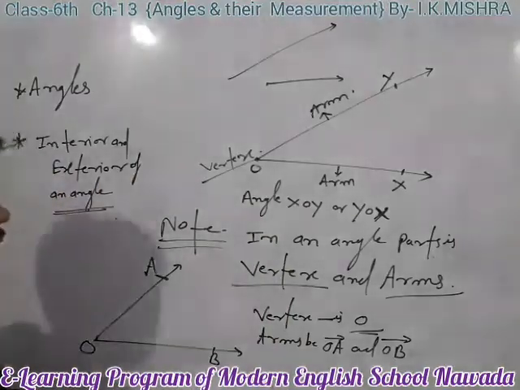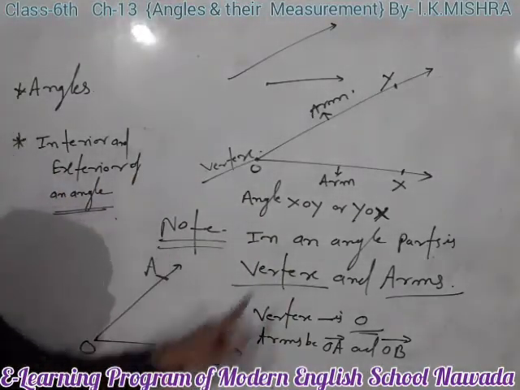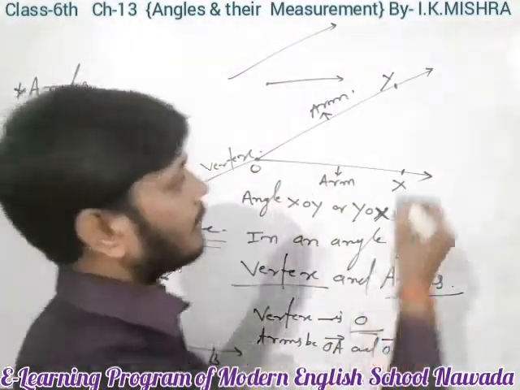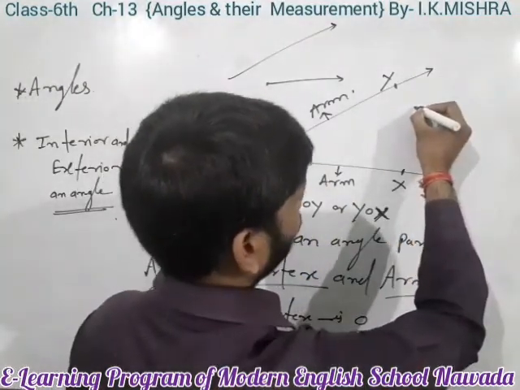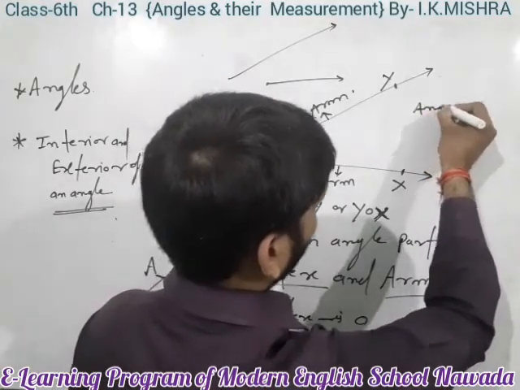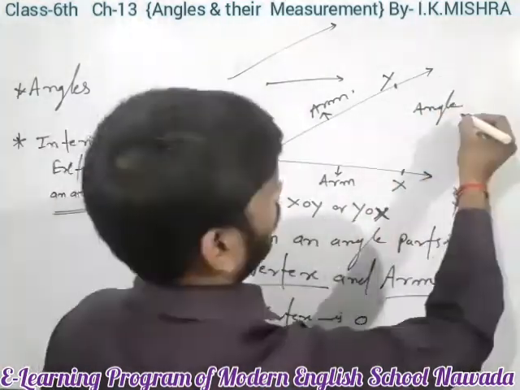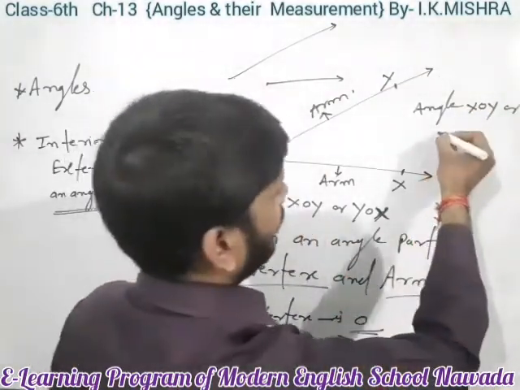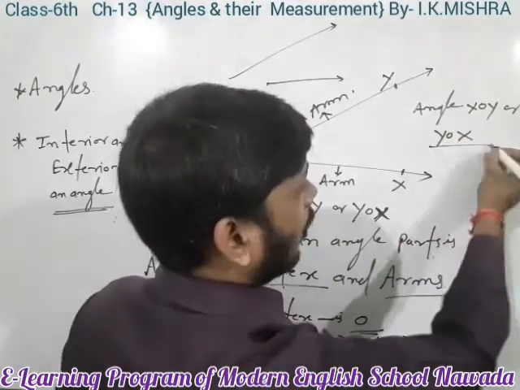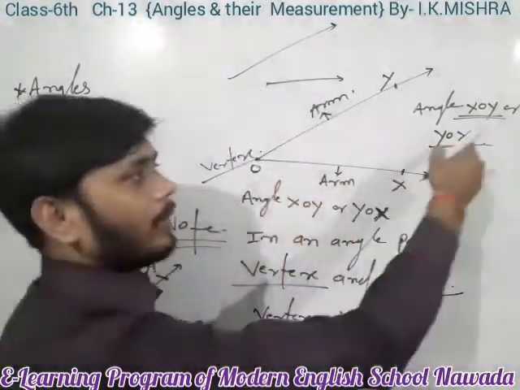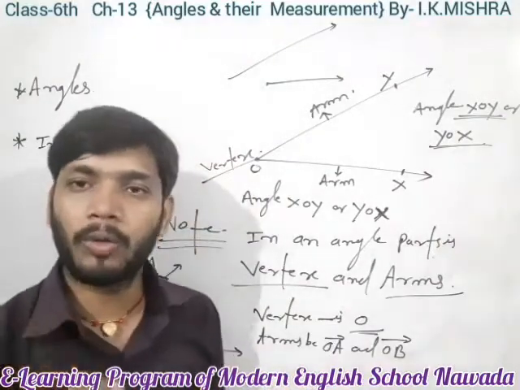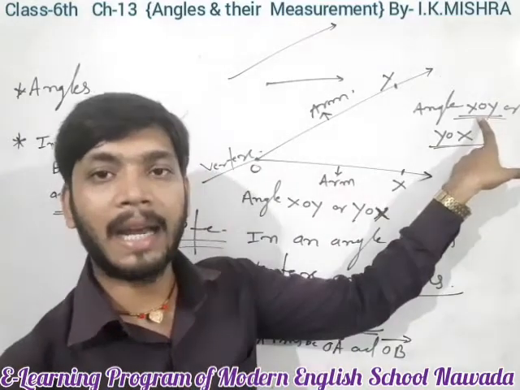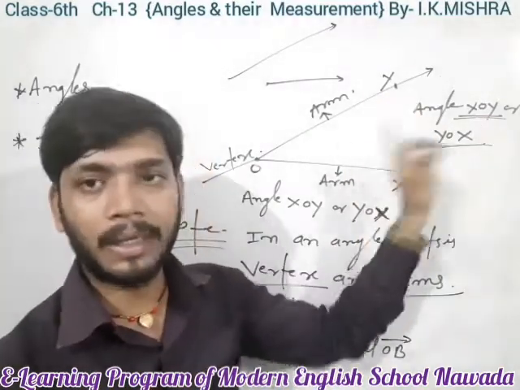So you can write angle XOY, or you can write angle YOX. Always notice the vertex is always in the middle.